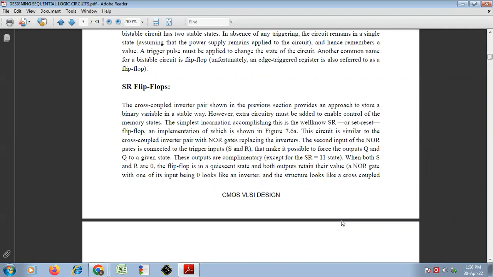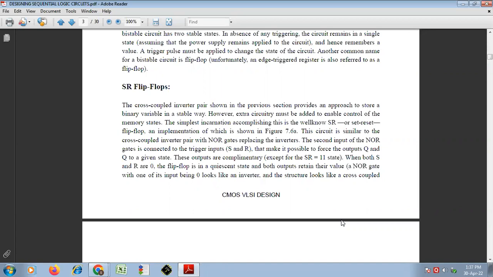It will behave as a latch or a storing element. But to enable control of the memory, you have to add some extra circuitry. The simple interconnection that accomplishes this is the well-known SR or set-reset flip-flop. How can you achieve this control using an SR flip-flop?